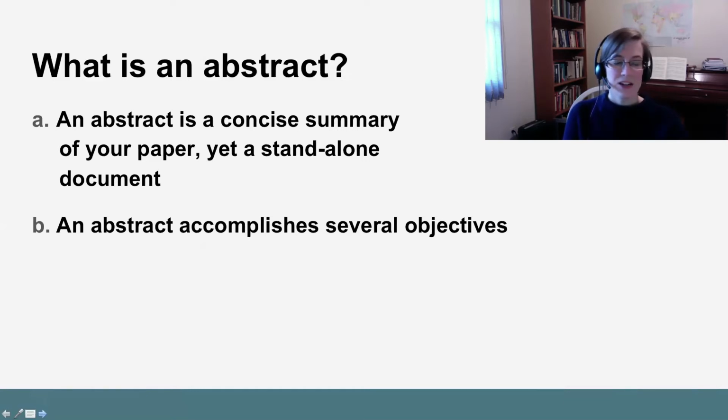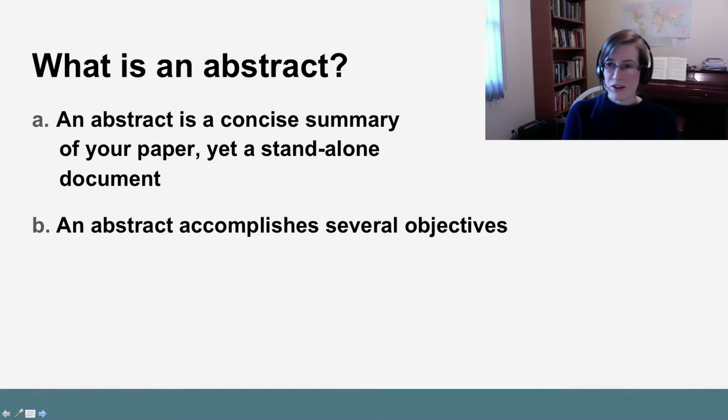Your abstract can actually come in very handy in your writing process as well, because as you're doing your research and as you're writing your paper, you're probably going to end up going down rabbit holes one way or another. And so when that happens, you can read your abstract again and decide, is what I'm writing actually going to be part of this paper?